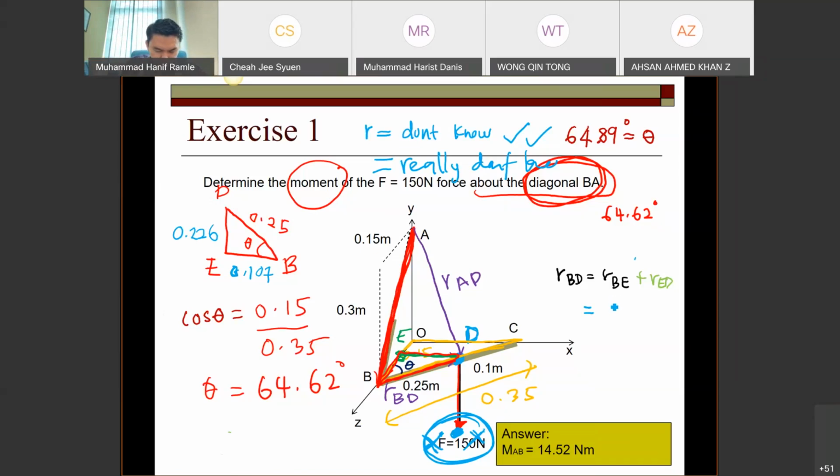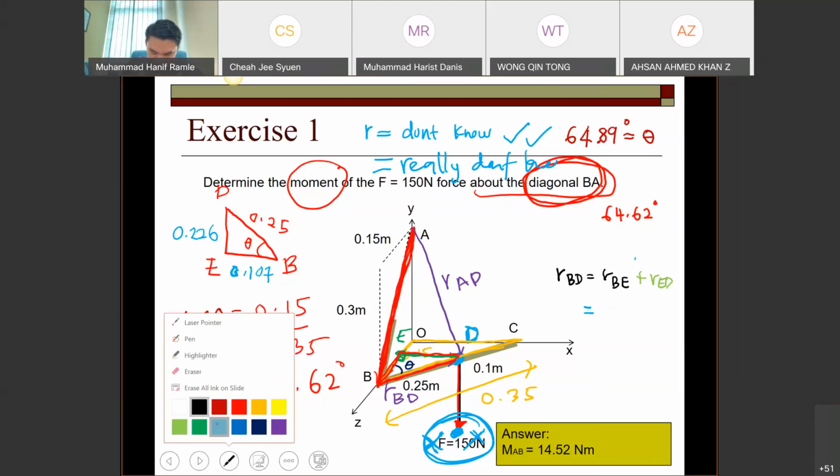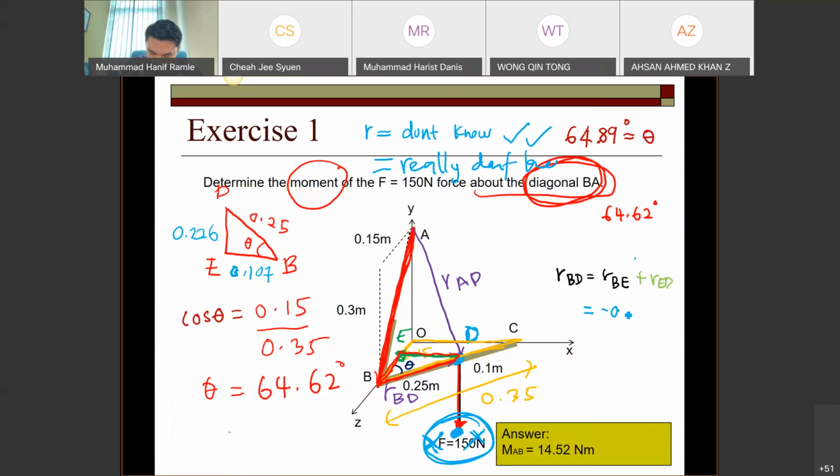BE should be negative, negative 0.107, and the direction should be K. RED has positive magnitude, plus 0.226, and the direction is I. Okay, this is your RBD.